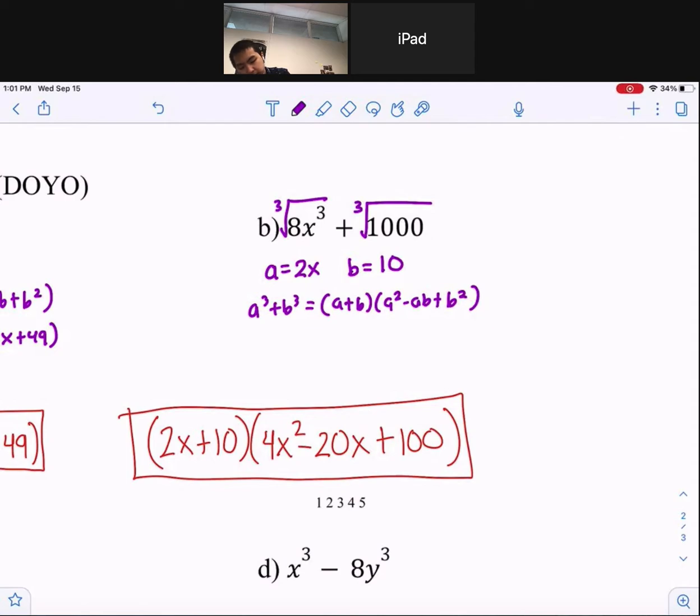So plug it in, right? Our a is 2x, our b is 10. A squared, so remember our a value is 2x. Raise that to the second, we get 4x squared. A times b is 20x, so minus 20x. And then b to the second power, 10 to the second, is 100.